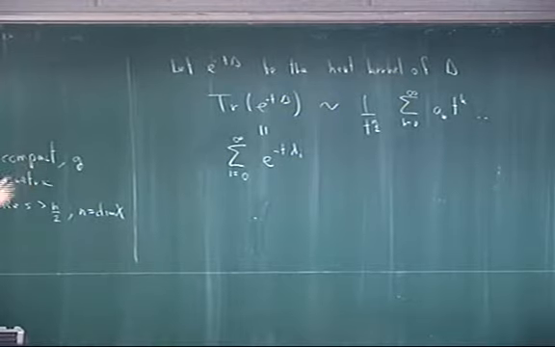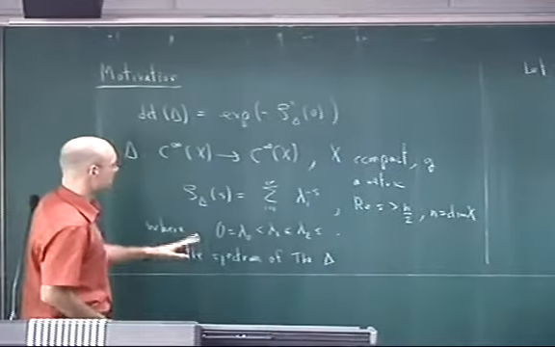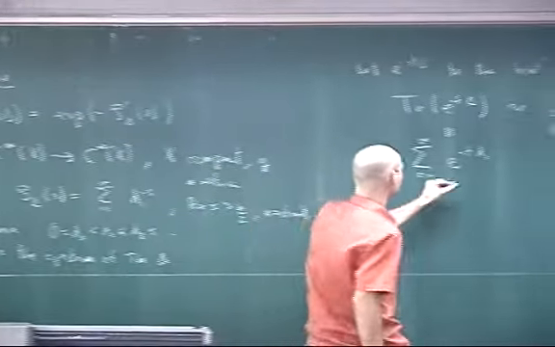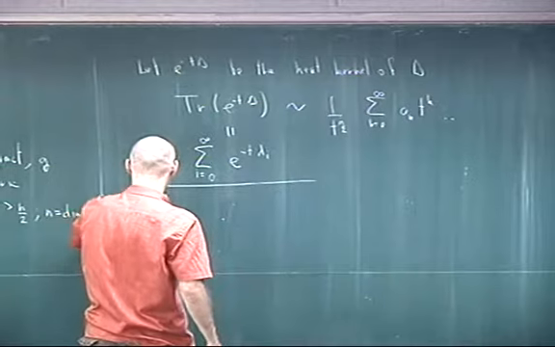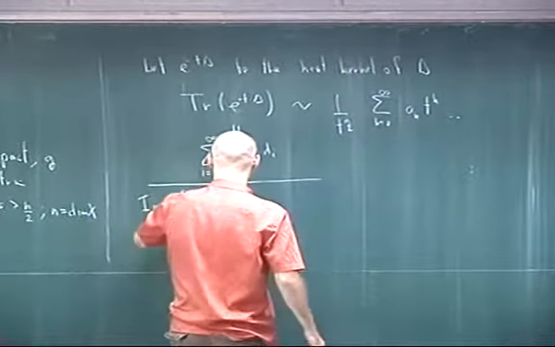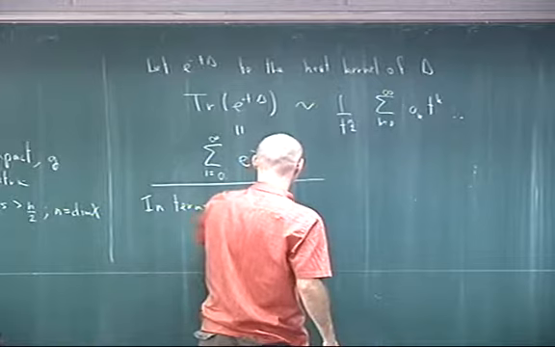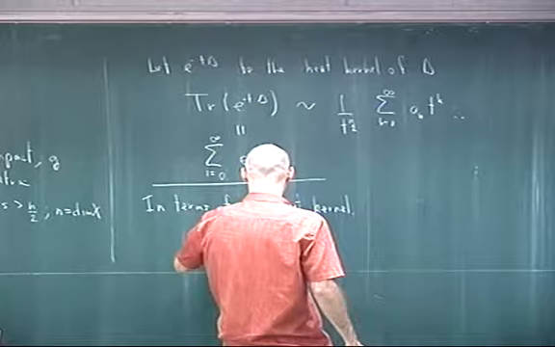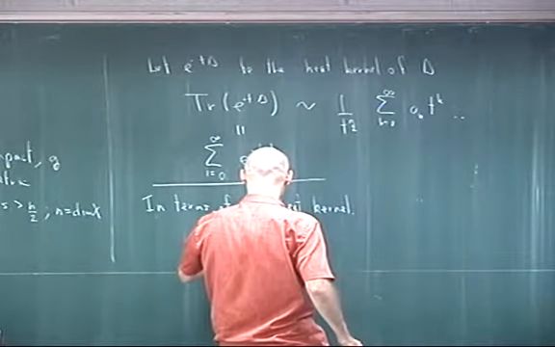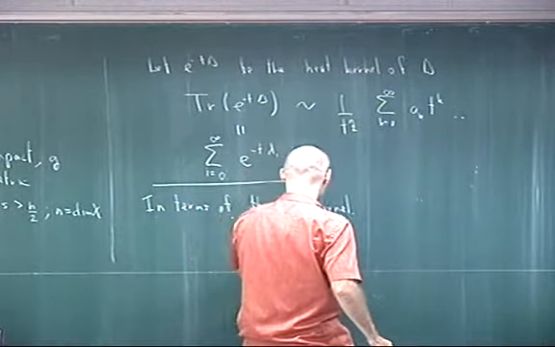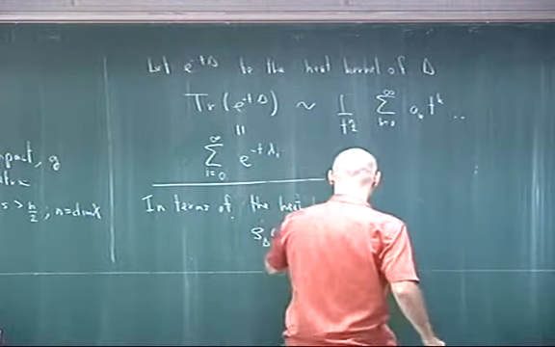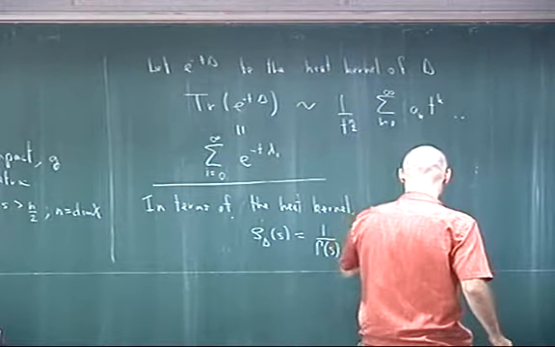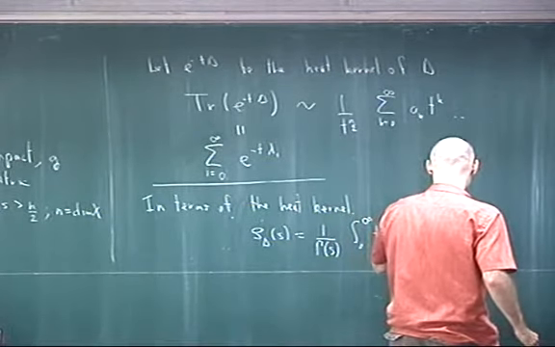And using this formula, you can rewrite the zeta function in terms of the heat kernel. You can write the zeta function of the Laplacian as 1 over gamma of s, and then the integral of the trace of the heat kernel.